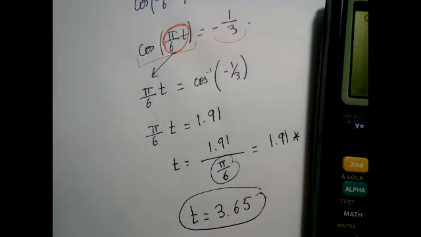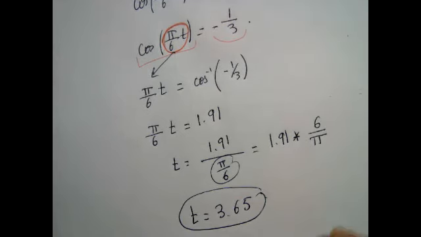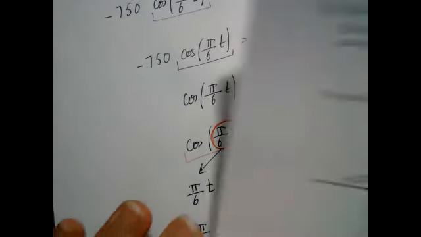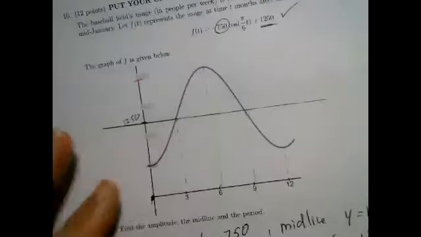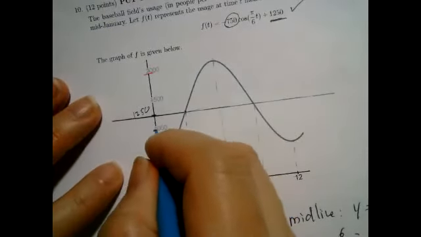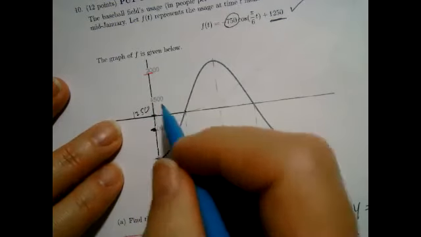Inverse of minus 1/3. Anybody see anything wrong? Okay, the math makes sense. Something is off. It should be less than 3, because if I go back to the picture, this is 1,000 right here. So this is 1250, that's 1,000.